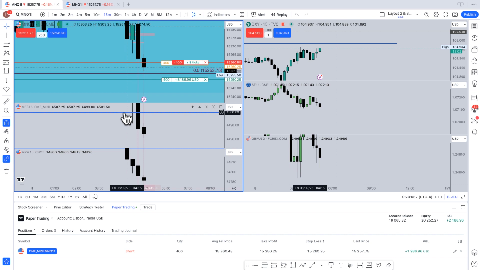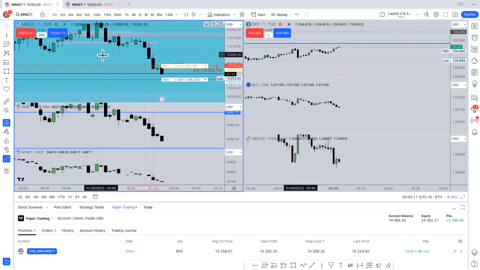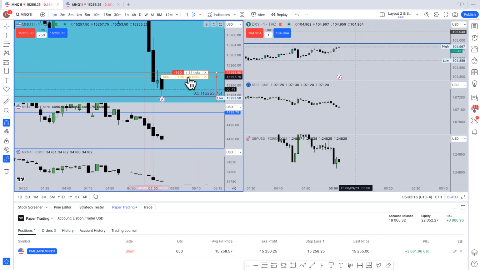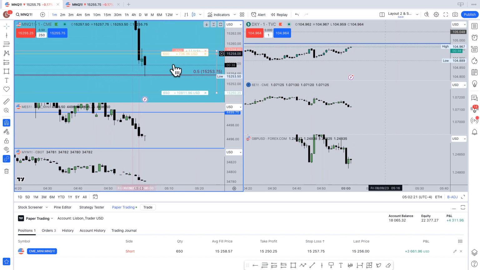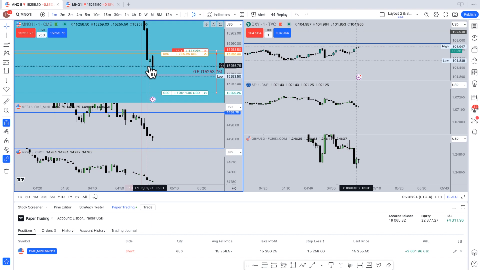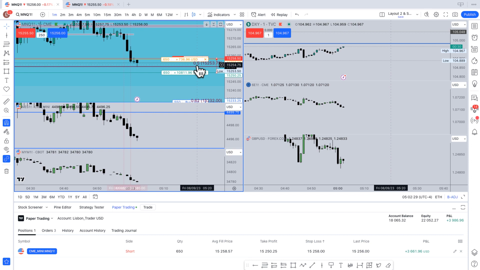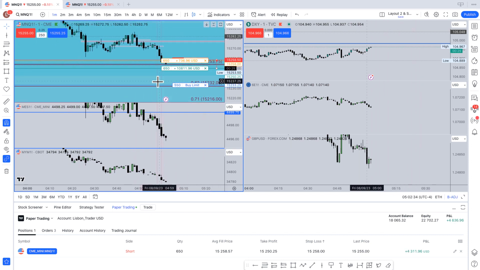Stop is now break even. Let's help the move. Stop is at break even. If this is an order block, which might be for the push to 0.5% fib, might want to come down here.